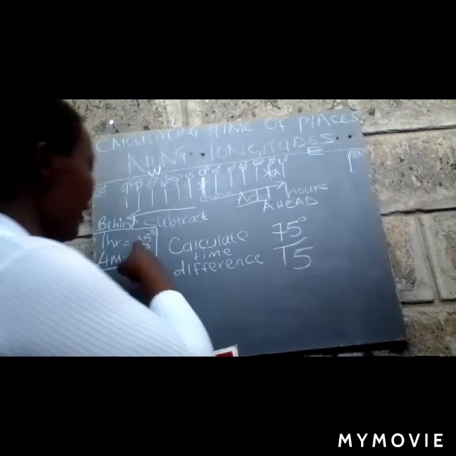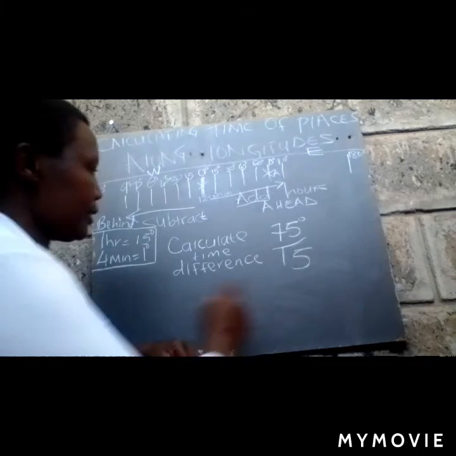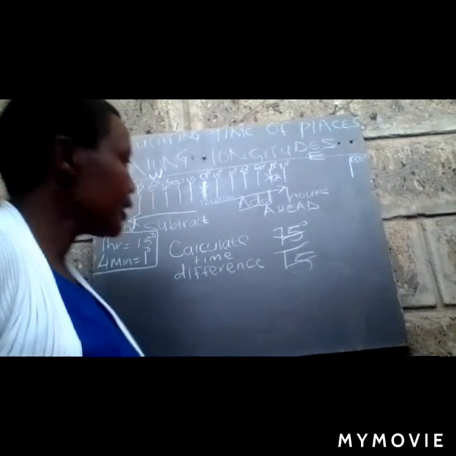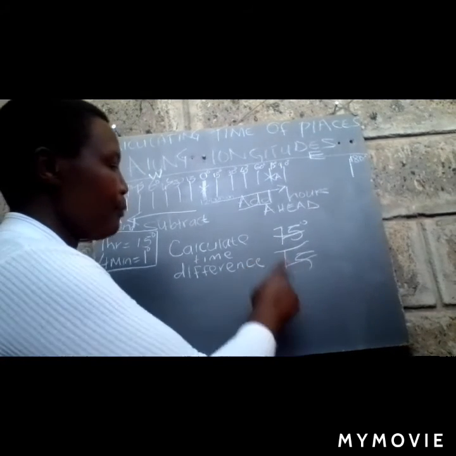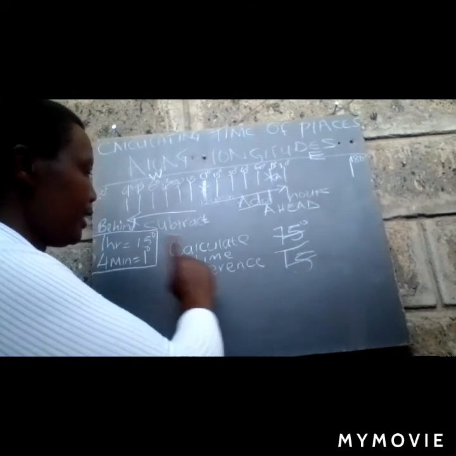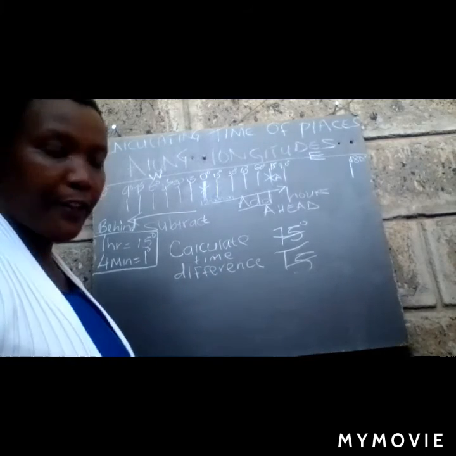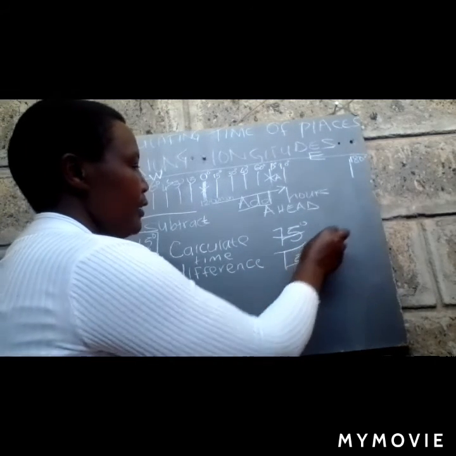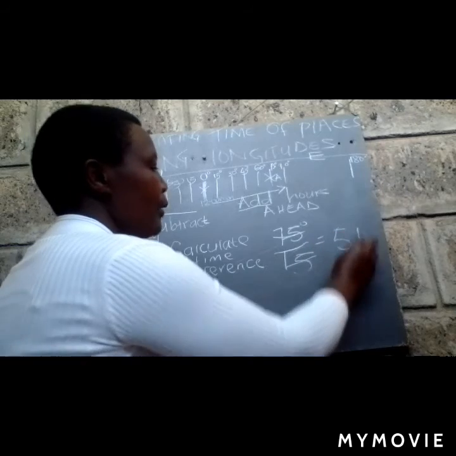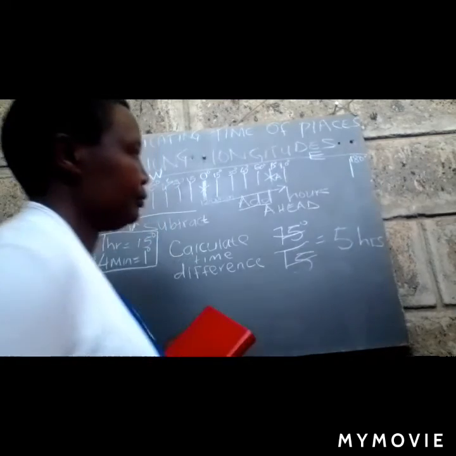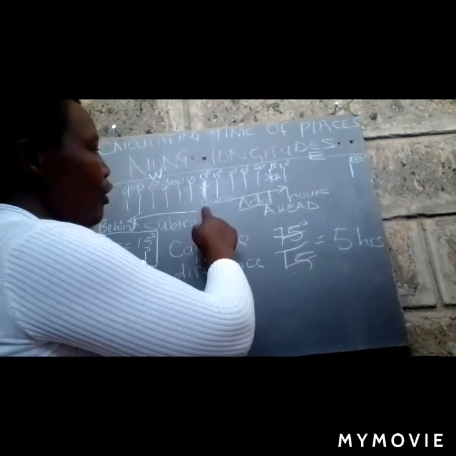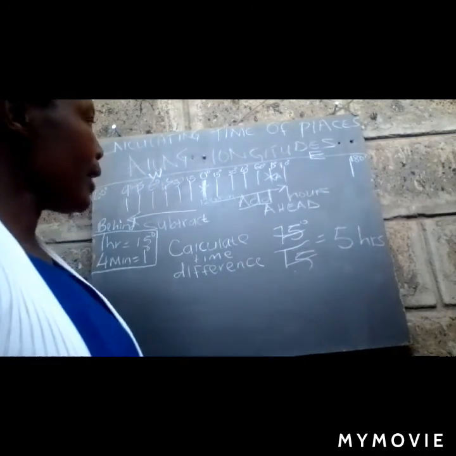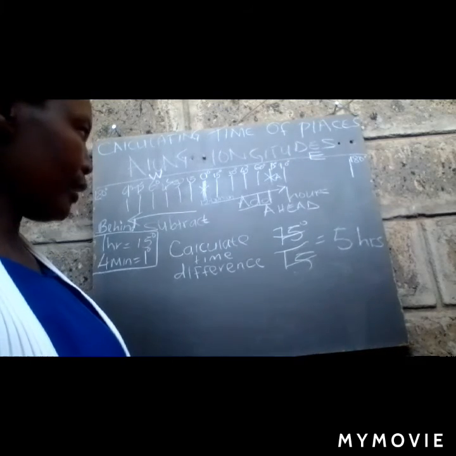We shall divide 75 by 15 to get the time difference. 75 divided by 15 is 5. So we have 5 hours ahead of prime meridian, which is at 12.